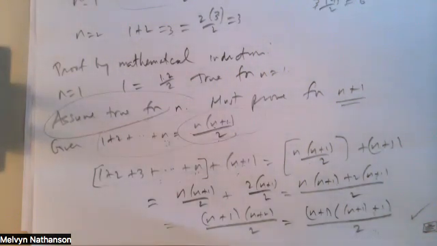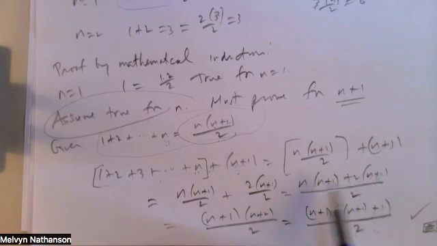Actually, it says over there n plus 2 before that. What is that? What do you mean, what is it? n plus 2 is n plus 2. So this is just a string of equalities. This equals this, equals this, equals this. How did I get from here to here? I factored out n plus 1.